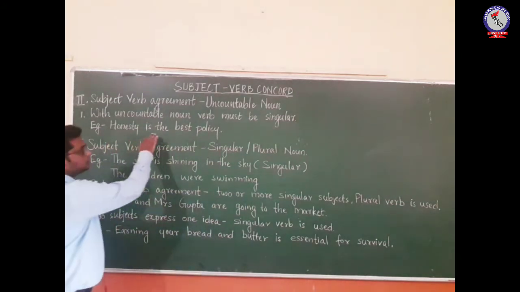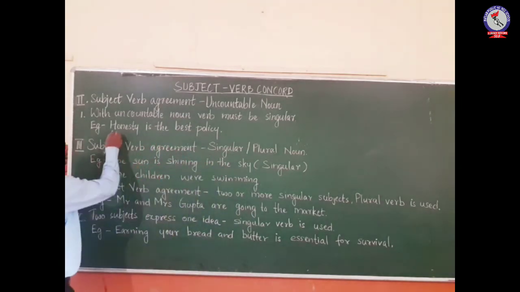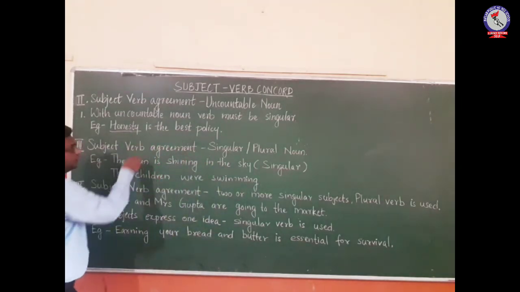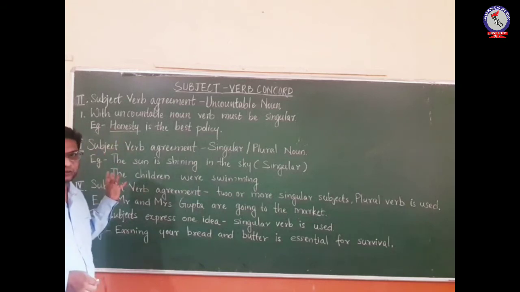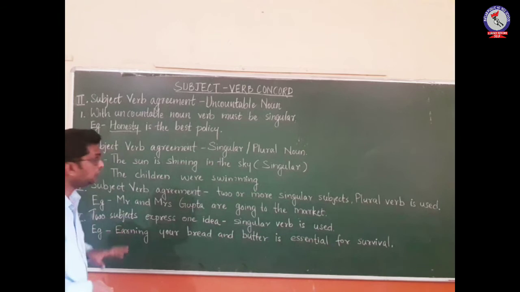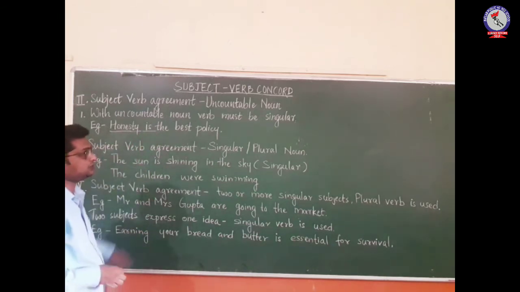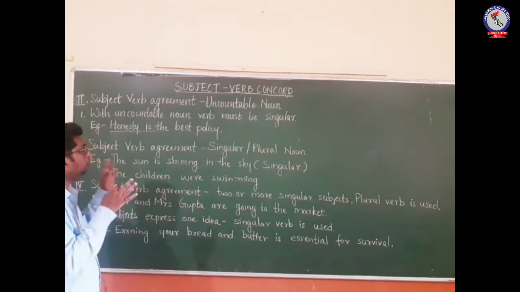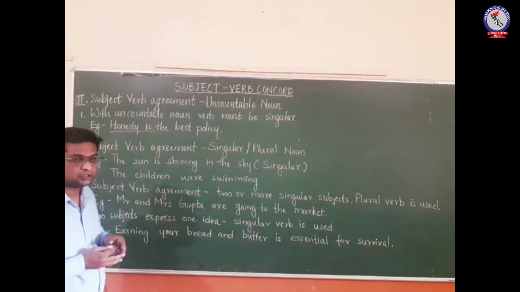Honesty is the best policy. Now in this sentence, honesty is an uncountable noun. It is the subject as well. So with the uncountable noun, we use a singular verb. So this is the rule with the uncountable noun. When the noun is uncountable, the verb must be singular.